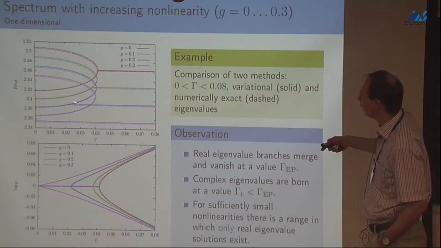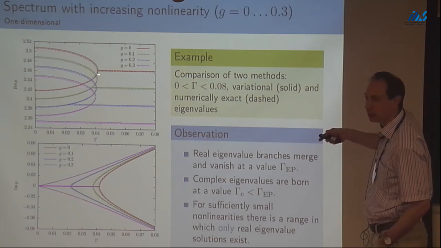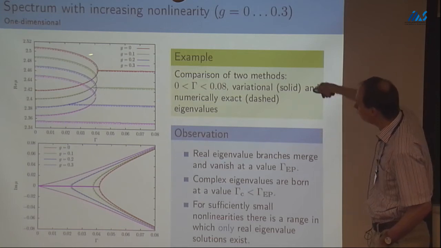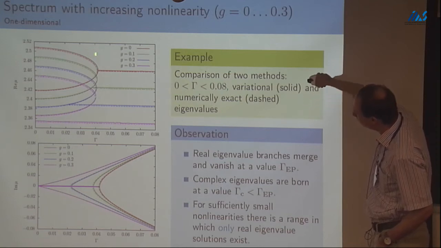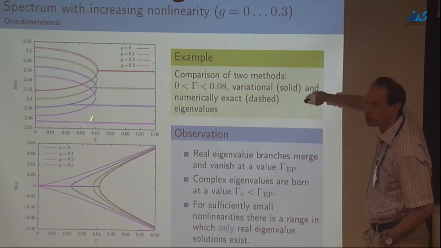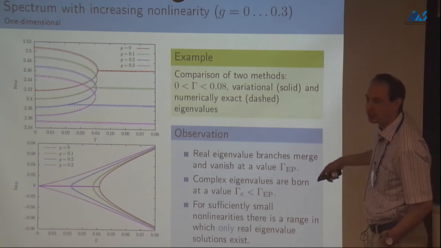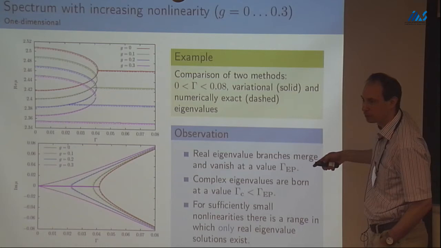And they are basically those states which in the linear system bifurcate here and appear. So the green region is just this region here between this point where the complex eigenvalue solutions appear and this point where the real eigenvalue solutions vanish. So is that the question? Yeah. Okay.